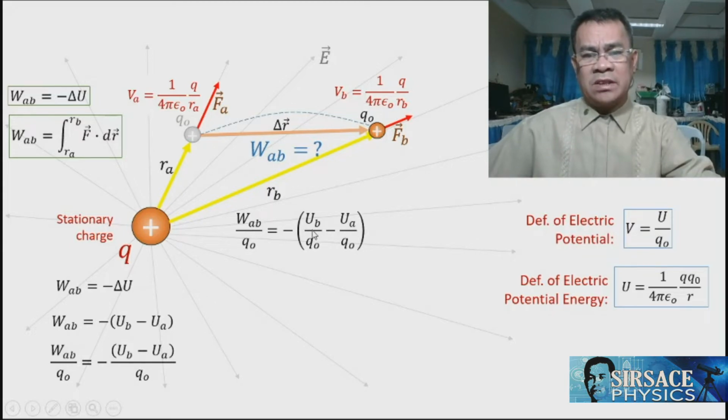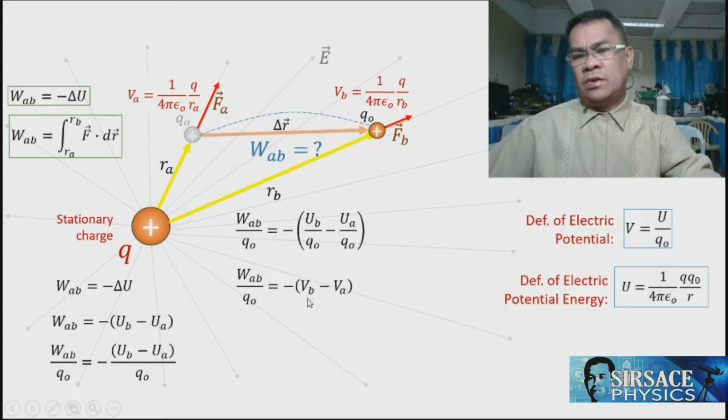So we can replace U_B over q naught with V_B, while U_A, which is the initial energy divided by the moving charge, we replace with V_A, meaning the potential at point A. So replacing this in terms of potential, look at this one. We call this the potential difference.